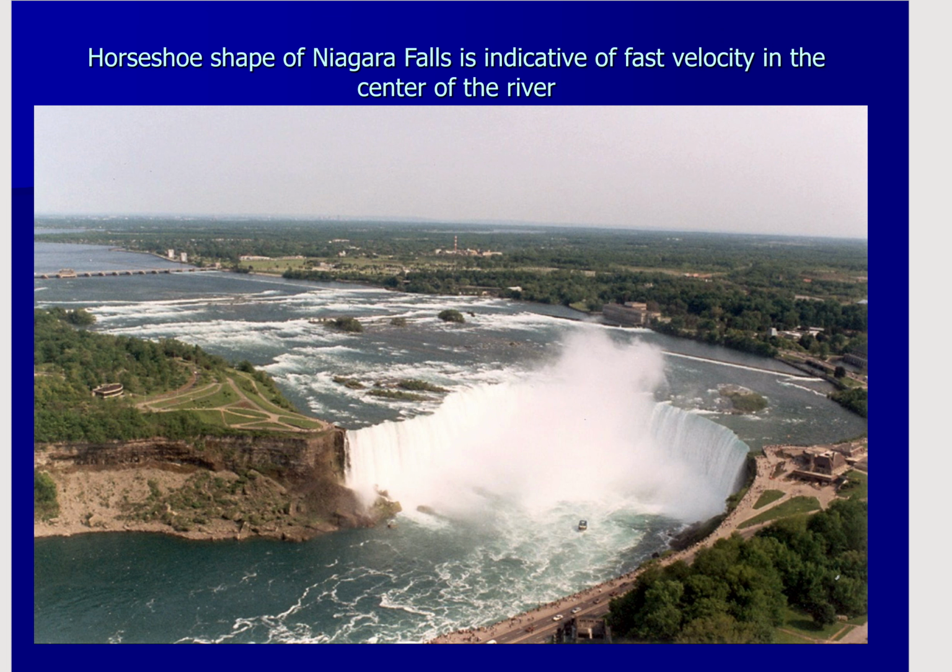So a classic example is Niagara Falls, which isn't too far from us. You can see that we have a change in elevation starting to occur before we get to the falls themselves, with a lot of rapids occurring, and then eventually we hit the knickpoint. This knickpoint historically used to be out here somewhere, and over time the river, through erosion of the knickpoint, migrates back up the river.